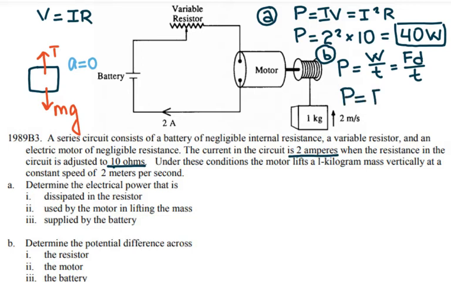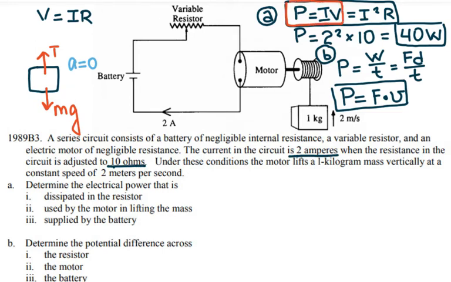It's the same as force times the velocity. So far, I'm using these formulas, and this is what's usually given on the AP exam, but everything else that we derive is usually not given.